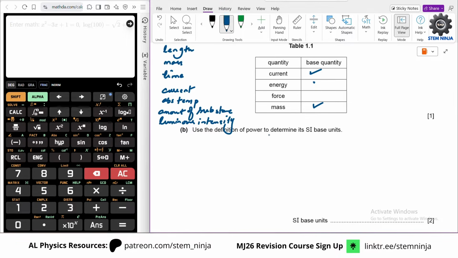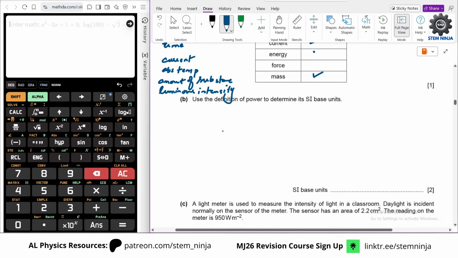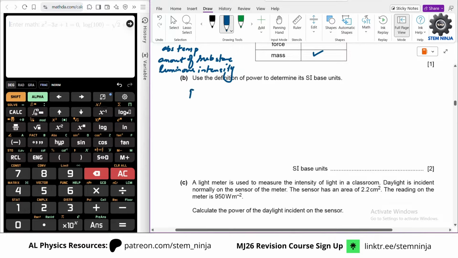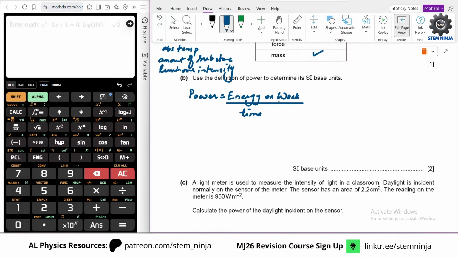Use the definition of power to determine its SI base units. Okay, so power is the energy or work per unit time. Work can be written as force times displacement, divided by time.